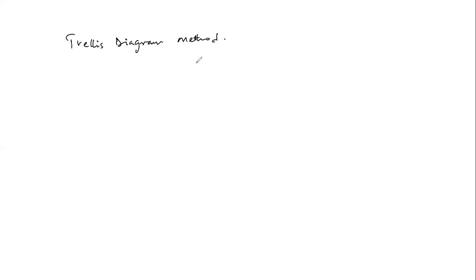We have a 3-stage encoder, where the stage refers to the registers, the number of registers. So we have 2 to the power of 3 minus 1, that's 2 to the power 2, that's 4 states. So we have 4 possible states.